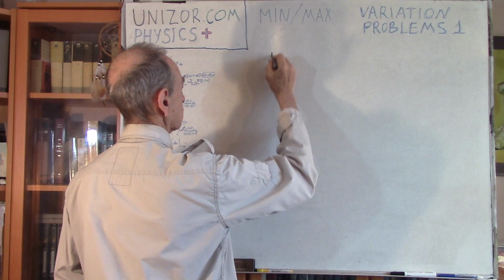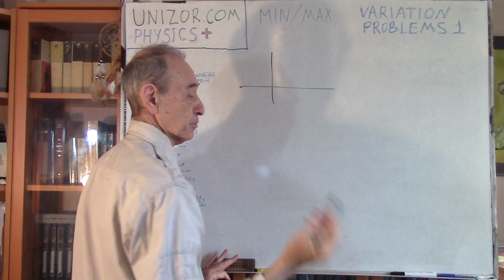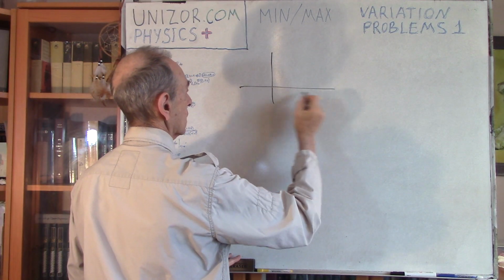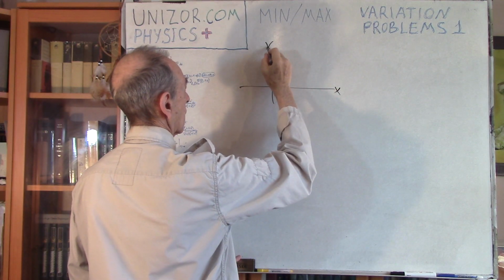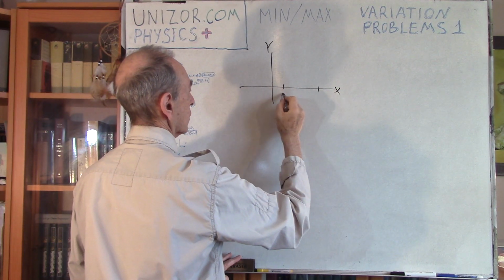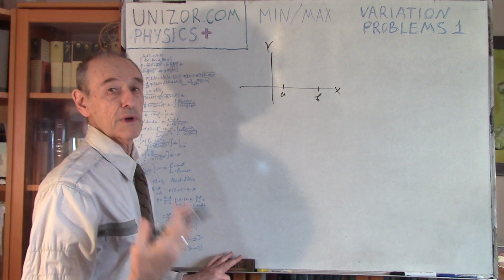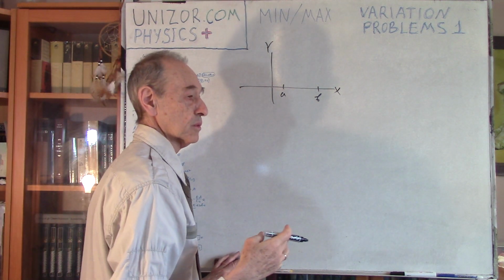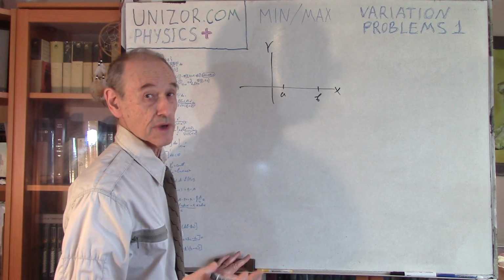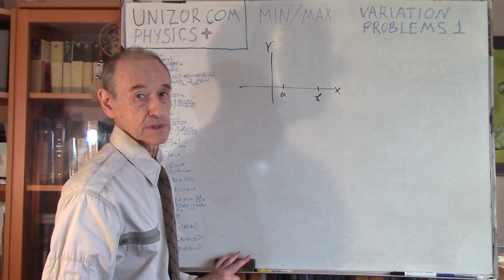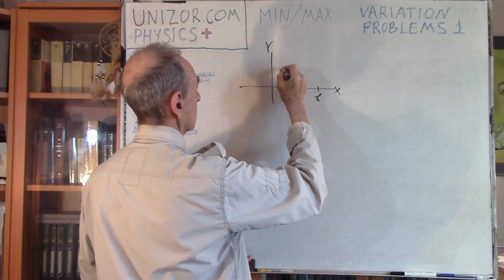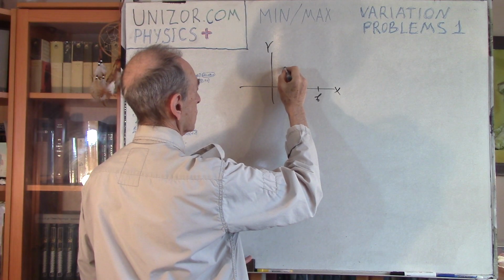Let's say you have the plane with Cartesian coordinates x and y, and you have 2 points, A and B, where you consider all the nice, smooth functions. At least the second derivative should exist. Now I would like to fix 2 points here.